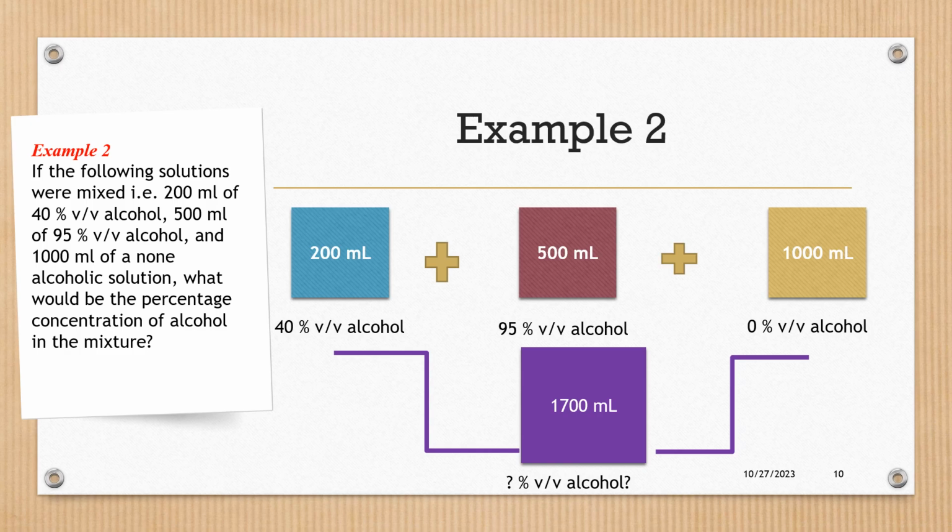Now, recall that when we look at concentration, we're looking at our active. In this case, alcohol is our active, so the non-alcoholic stock will have 0% assigned to it as the concentration.